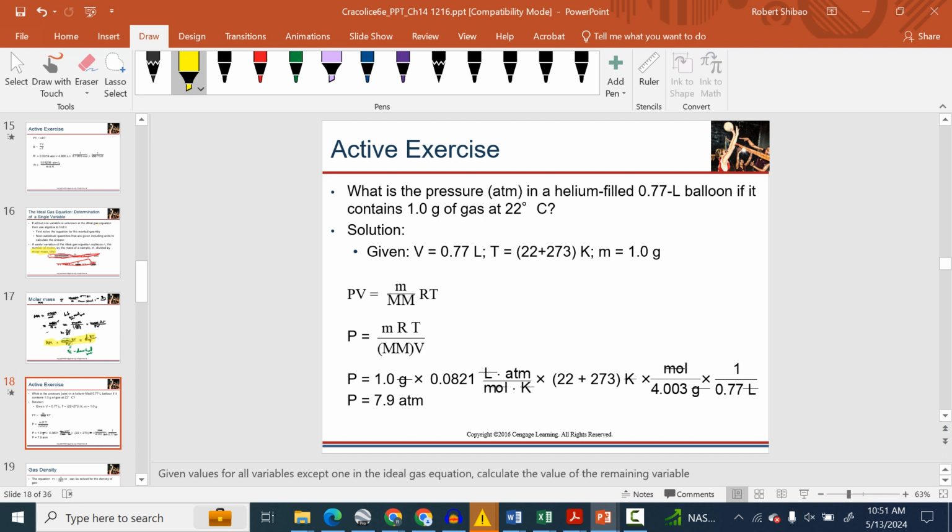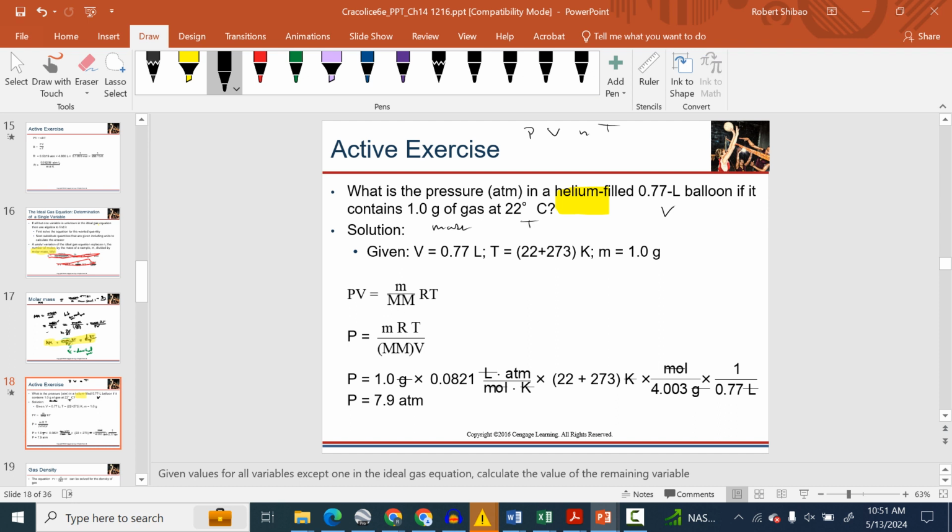So what do we have here? We know it's helium. We have the volume, we have the mass, and we have the temperature. And so we need the pressure, the volume, the amount, and the temperature. We don't have the amount.